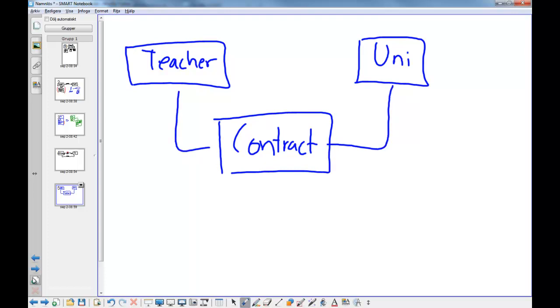So we have teachers that are employed at universities, and this is handled using a contract that has a salary and a time and stuff like that. So in this case, we can see that maybe the teacher works at the university, but it's not really that obvious because you need to go through a chain of associations to find this out.